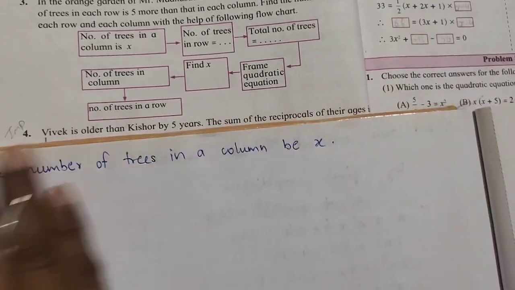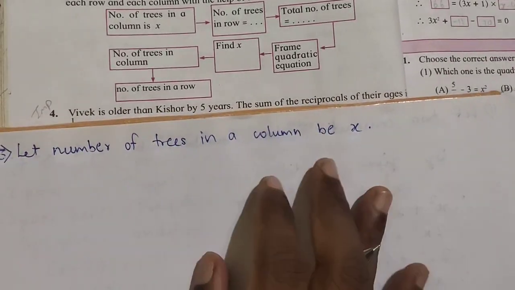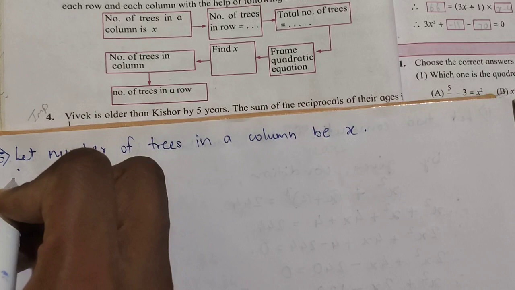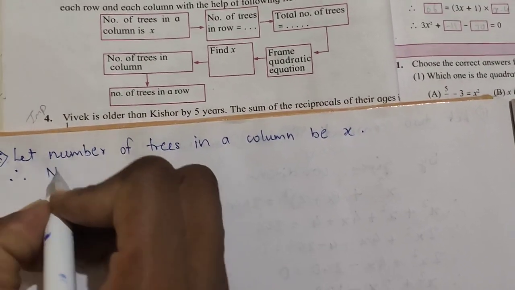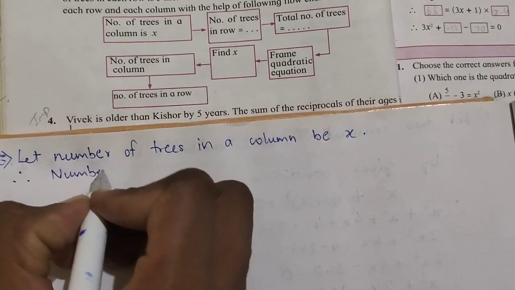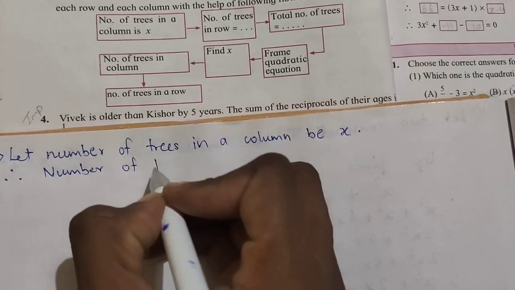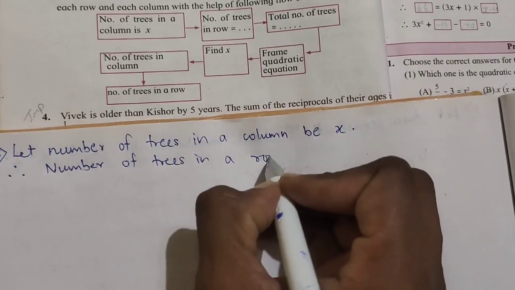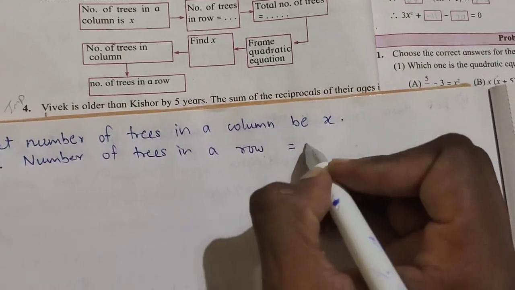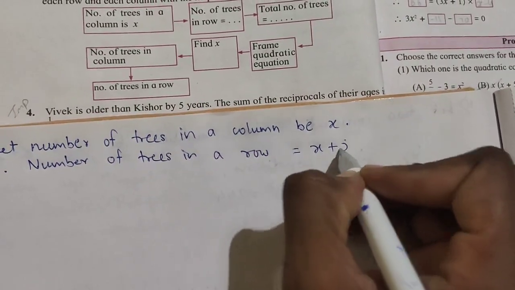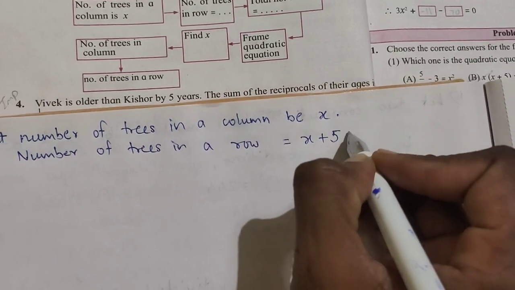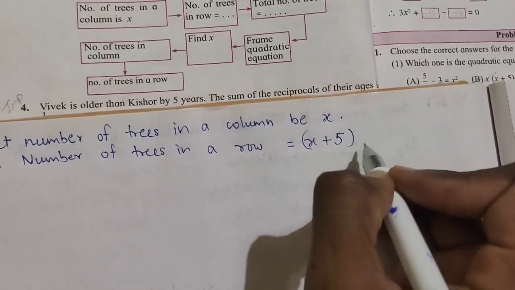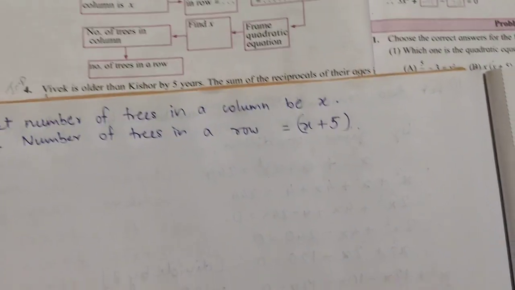So in a column you can find x trees. Therefore, the number of trees in a row is equal to x plus 5. Why x plus 5? Because you know 5 trees are more in a row.